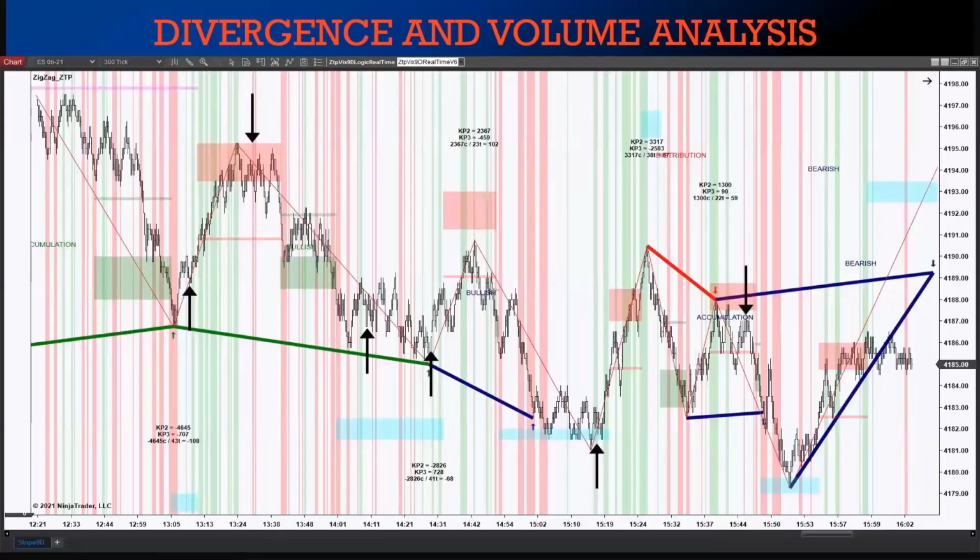Now, here's the ES chart. I put the arrows in exactly the same points that we just saw. So notice on this chart, there was a failed accumulation buy signal right here, that because the VIX is telling us we should stay out of, that was basically the correct signal.